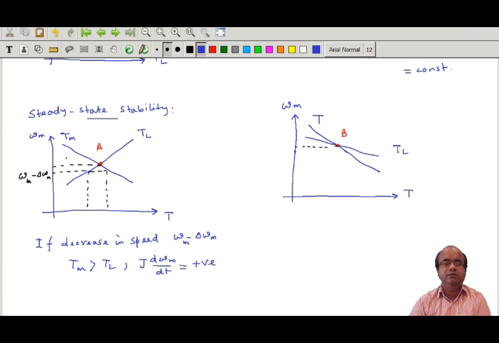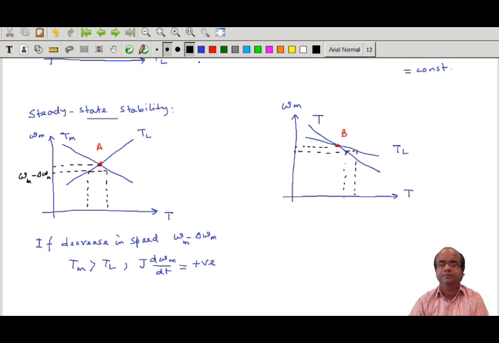Now for this figure, if speed is decreased from the operating point, at this point this becomes the motor torque and this becomes the load torque.